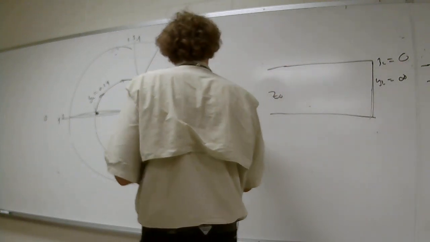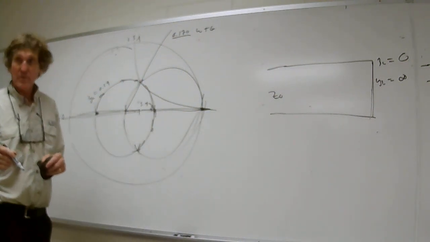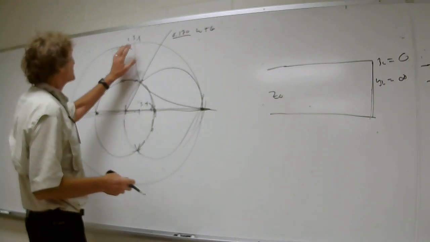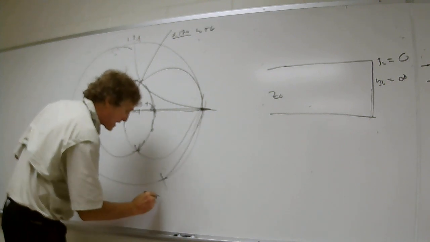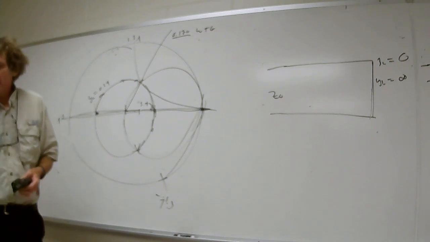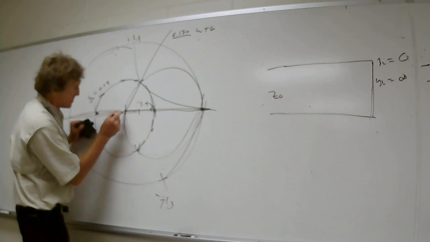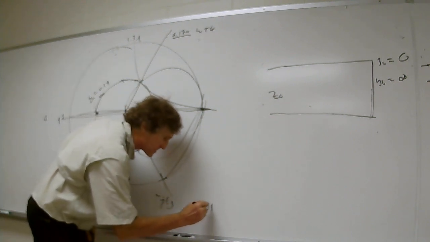Infinity. So we come in here. You agree? We're right on the rim, correct? And we have to go until we hit what? That's plus J1.3. We have to go until we hit about here, minus J1.3, correct? Can you all see that? Now let's take your straight edge and go right through that point, and tell me what the marker is wavelengths towards generator.